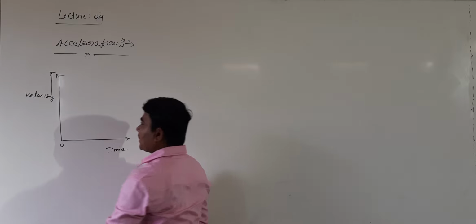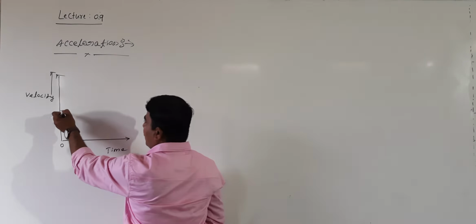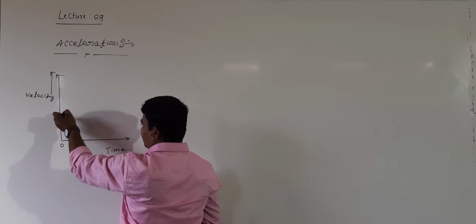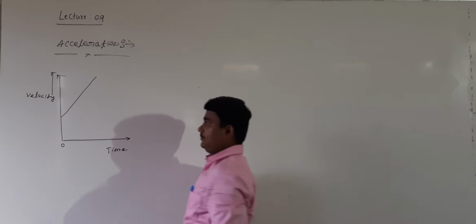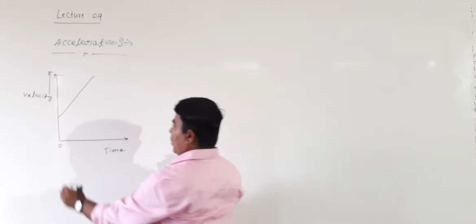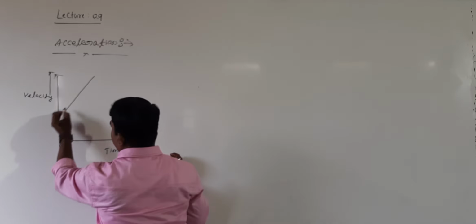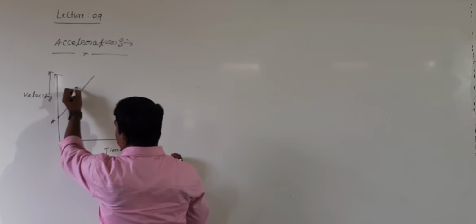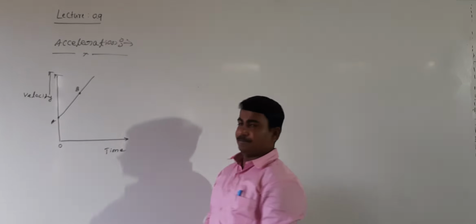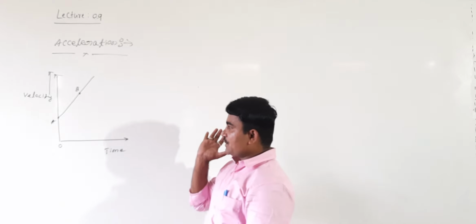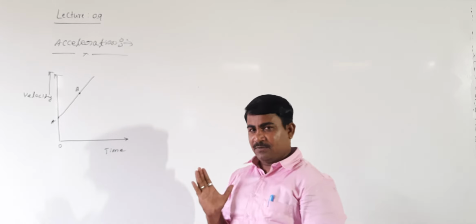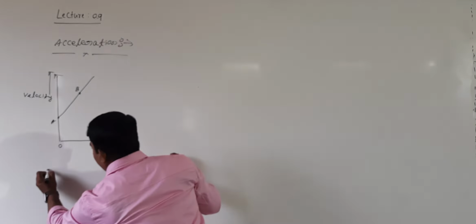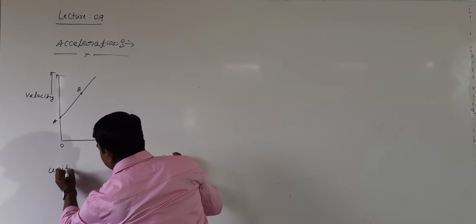For uniform acceleration, the nature of graph must be like this. On this, shall I take this point as A? This point is B. On this graph for uniform acceleration.